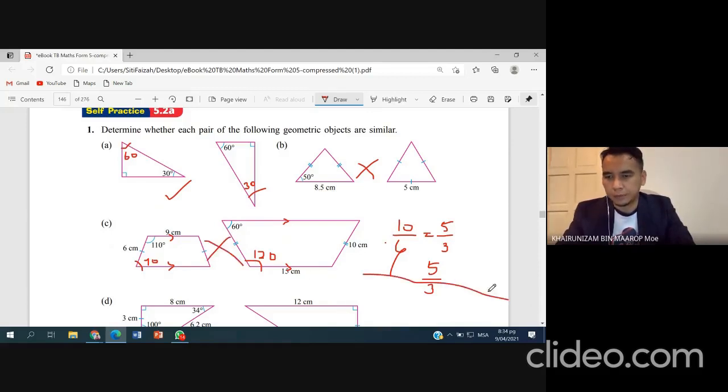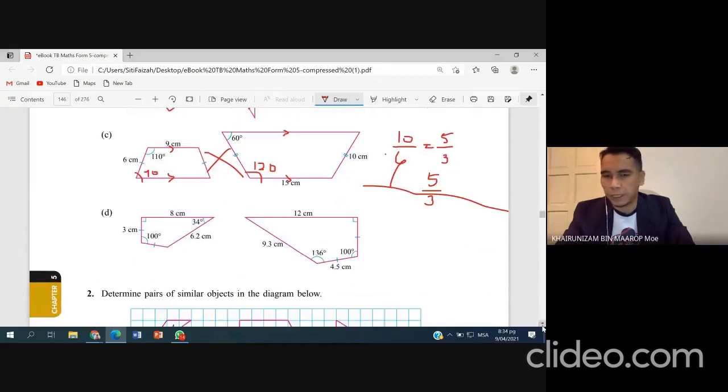Okay, and then look at D. Okay, look at the angle. Actually this is a quadrilateral. So the interior angle of a quadrilateral is 360. So 360 minus 34 minus 100 minus 90, so we get 136.